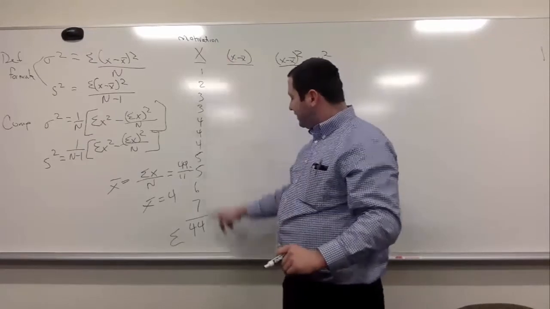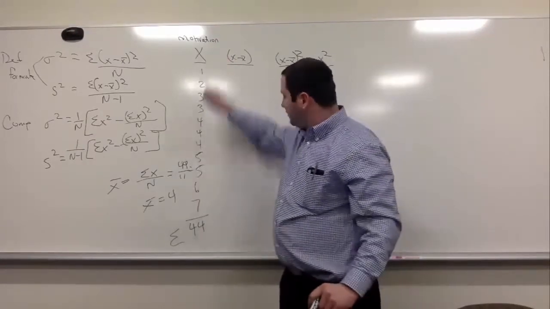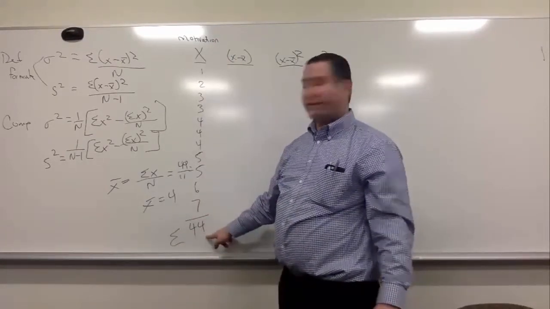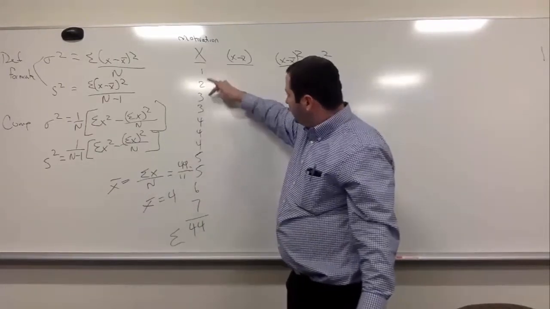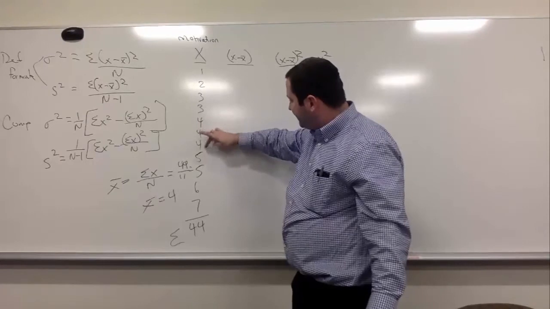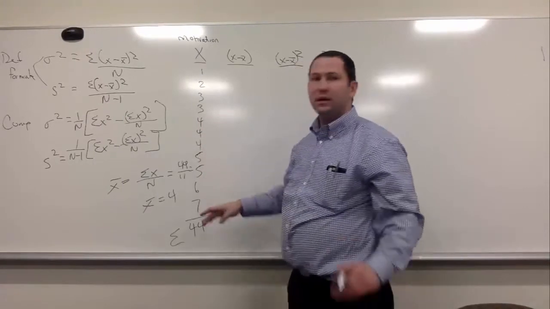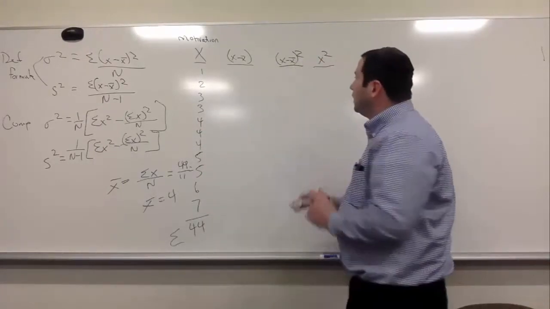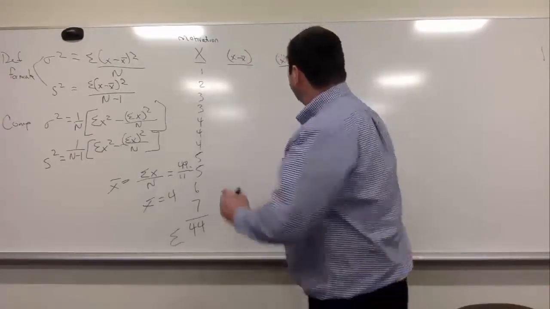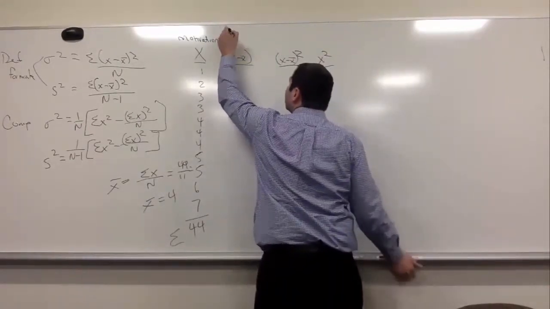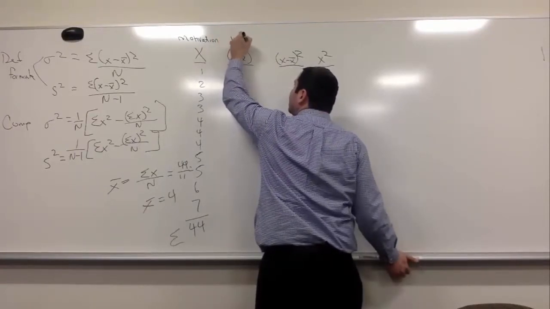Because if you add this column, the sum of X is 44 divided by 11 scores: 1, 2, 3, 4, 5, 6, 7, 8, 9, 10, 11. That gets us 4. Now, the next column is called the sum of deviations.